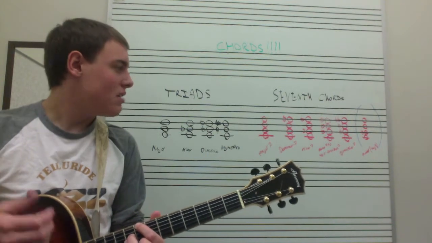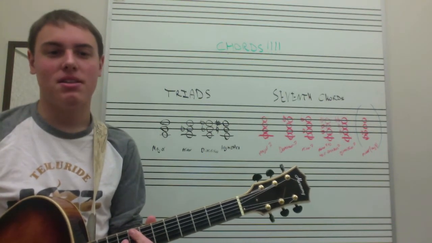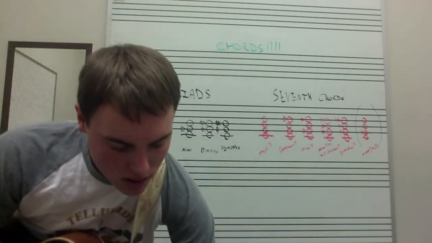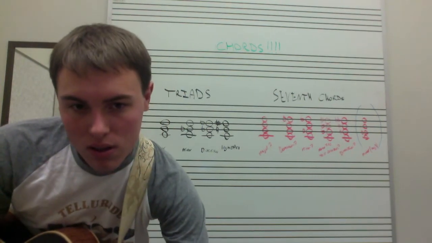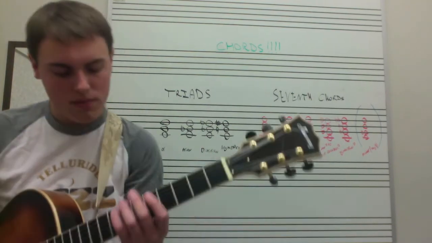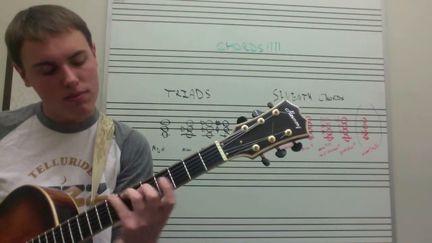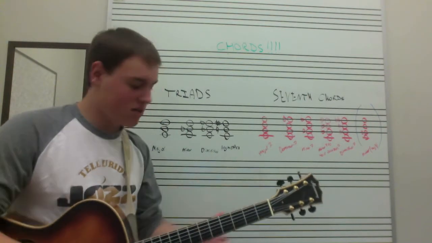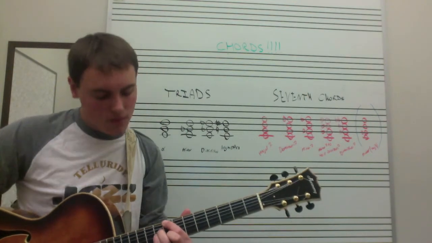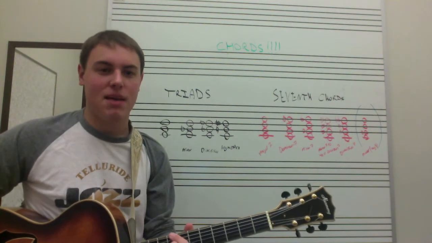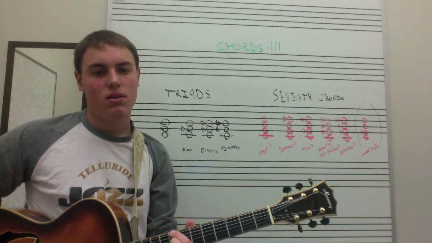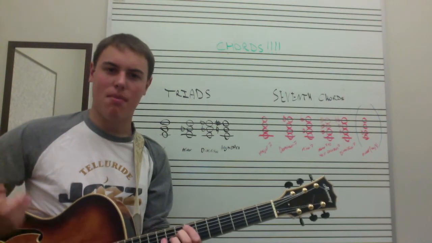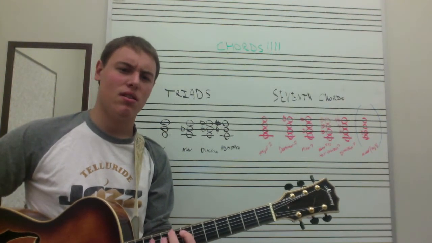The next chord we're going to talk about is a dominant 7 chord. We take our major 7 chord and just lower the 7th a half step. So we have our major triad with a minor 7th on it instead of a major 7th.